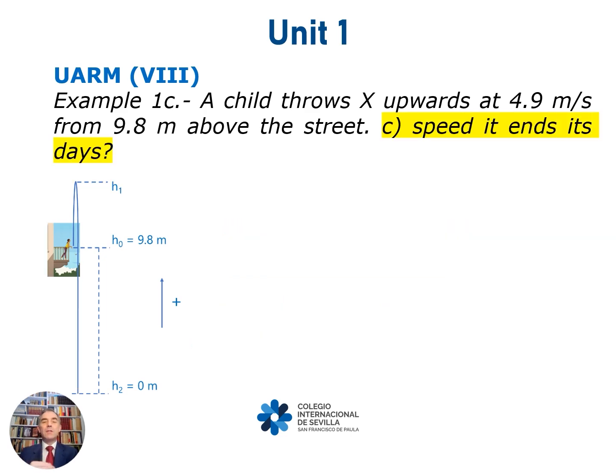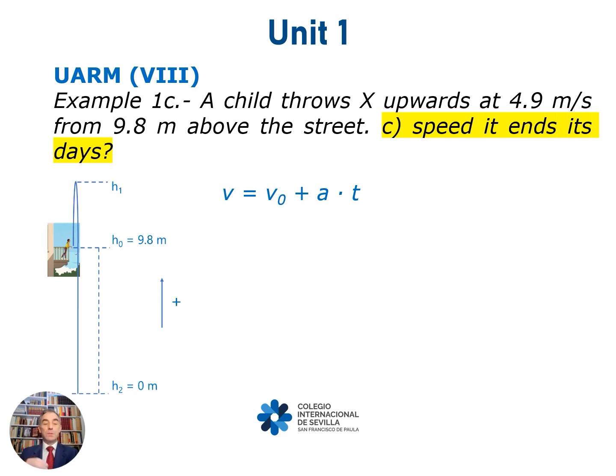Let's now consider the final question, the speed at which the bird crashes on the street. That's a pretty straightforward one because we just calculated the time this bird had been moving since it was launched until it crashed, and that was 2 seconds. We know that the expression for speed in uniformly accelerated rectilinear motion is v equals initial speed v0 plus acceleration times time.